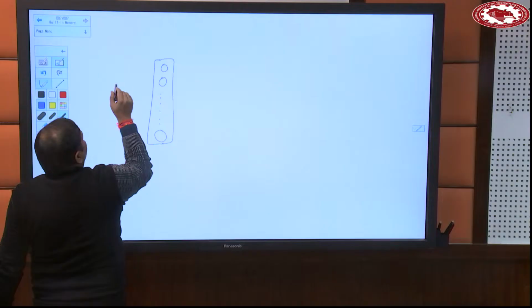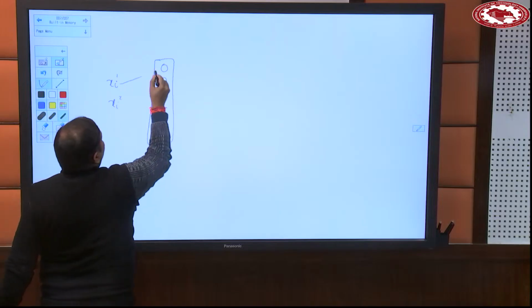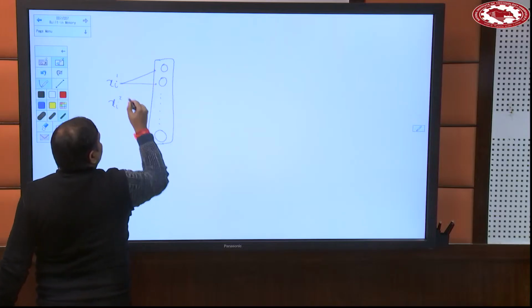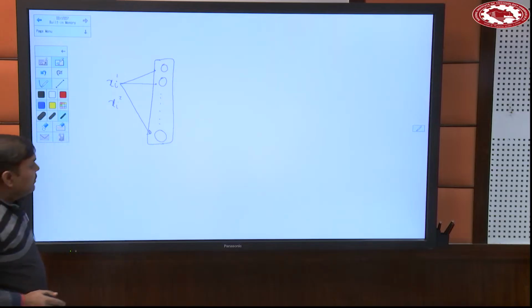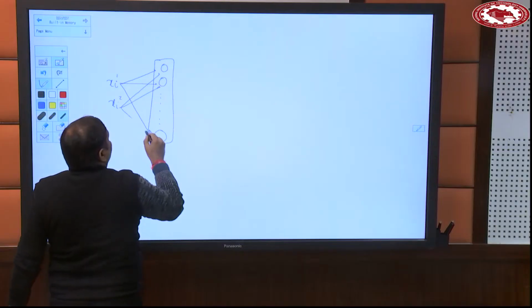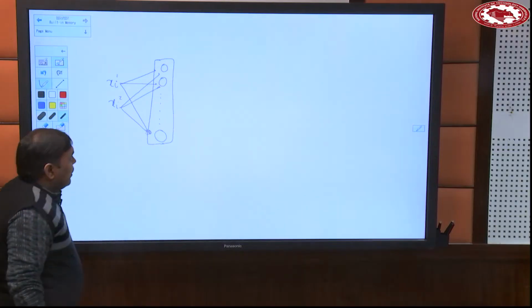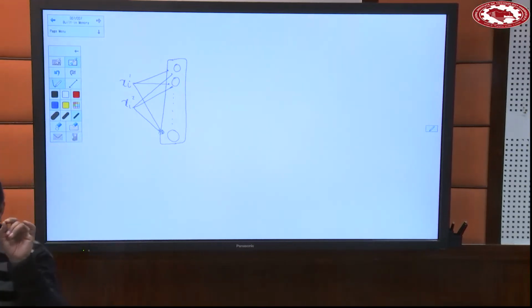Let you have 2 dimensional input, xi1 and xi2. I am just considering a dense layered neural network. Every neuron has a bias, so W transpose xi plus b.